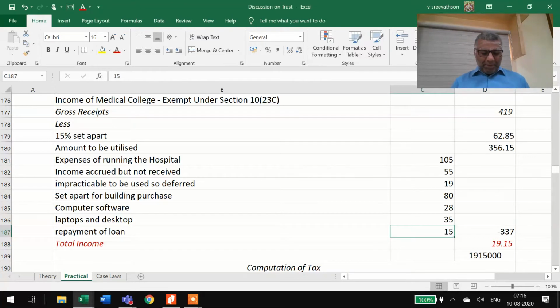Total mistake irka parunga. Madhu, computation. Yes, Sanjana, good answer.